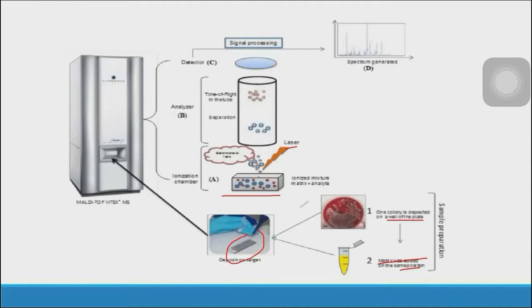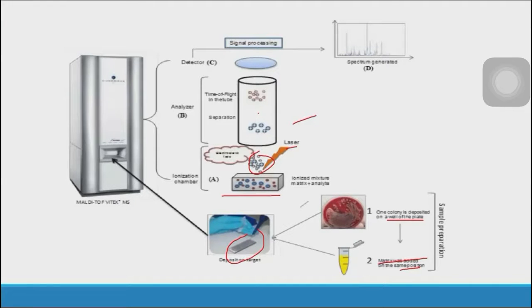So ito yung sample, magkakaroon ng mga ions present, kaya siya ionization chamber. Then these ions are accelerated into an electrical field which directs them to the analyzer. Yung analyzer, yung second part of the machine, nandito yung electrical charge or electrical field.